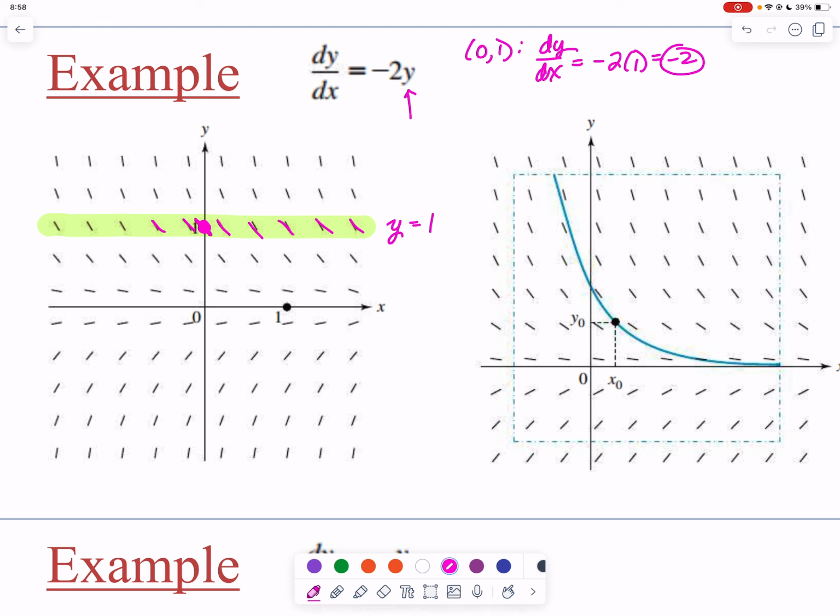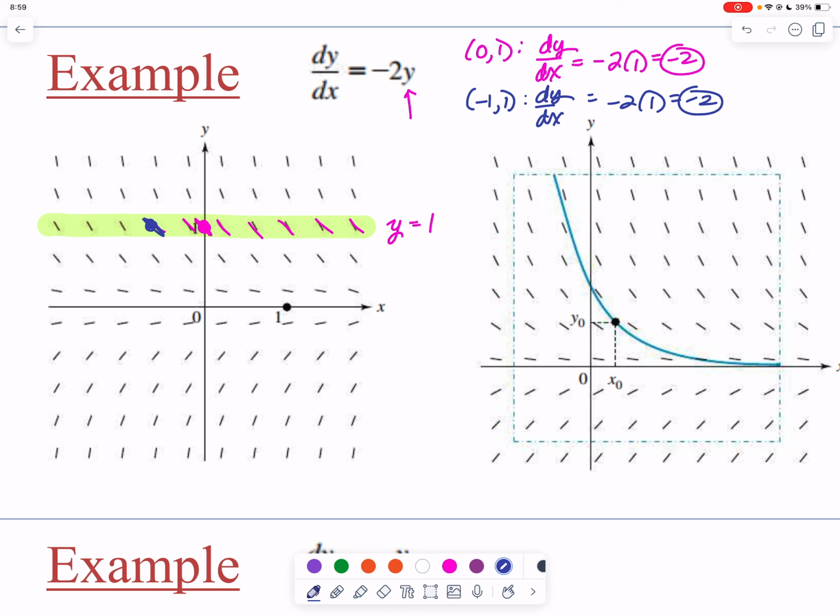It didn't matter what the x coordinate of that point was. So how about (-1, 1)? That would be about right here, and of course it's the same thing: -2 times 1 equals -2. So again, we have a slope mark with slope -2.